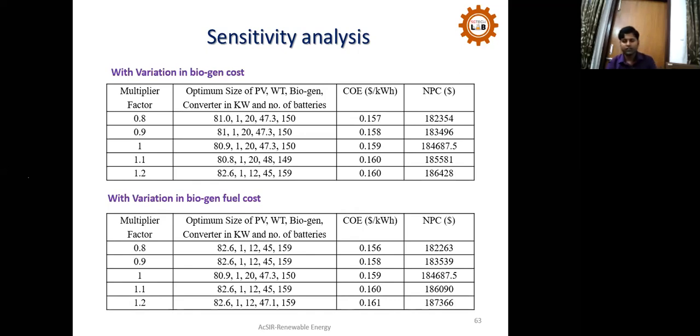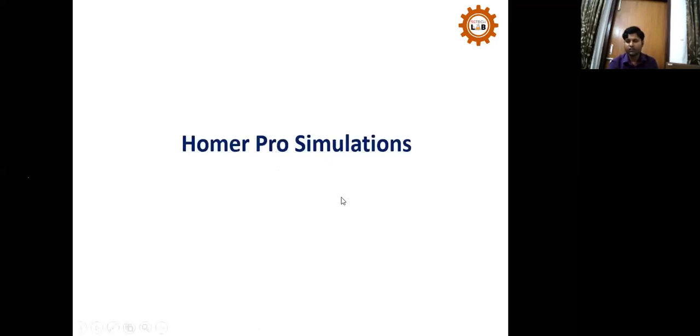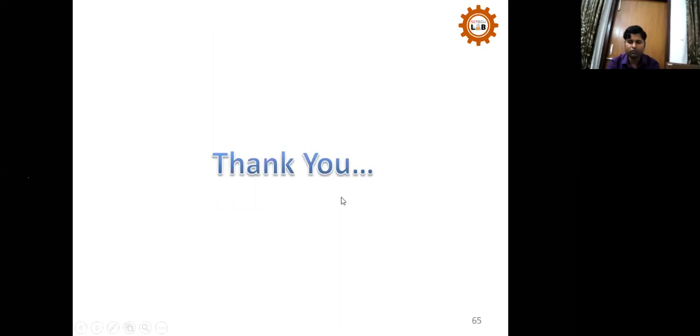So like this you can do it. Here you can see that since my system has more solar, if the solar price changes, the overall system price will change. I have just shown the result; I will show you how to do it in the simulation.